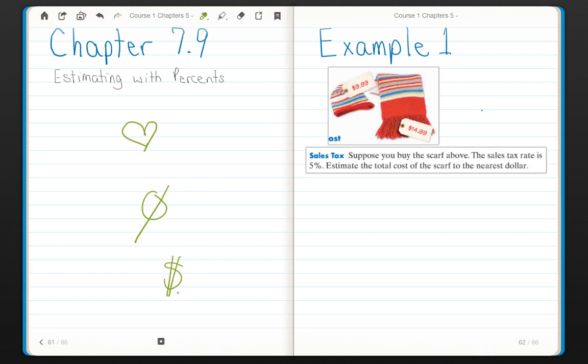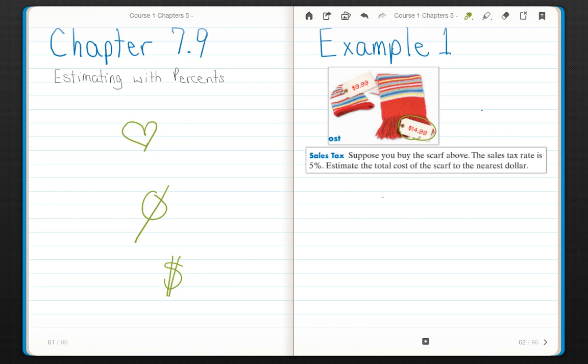So let's take a look at example 1. Suppose you buy the scarf above for $14.99. The sales tax rate is 5%. Estimate the total cost of the scarf to the nearest dollar.